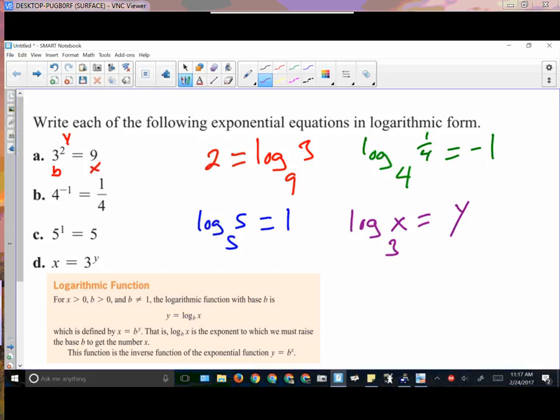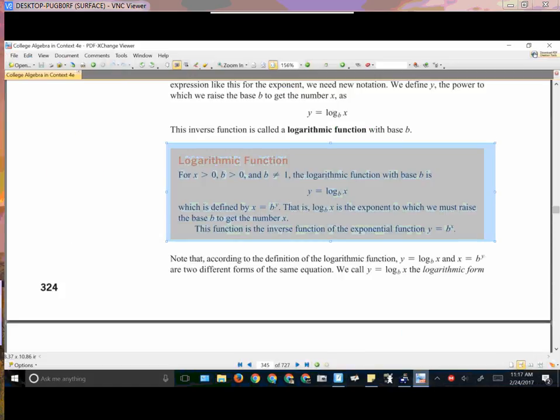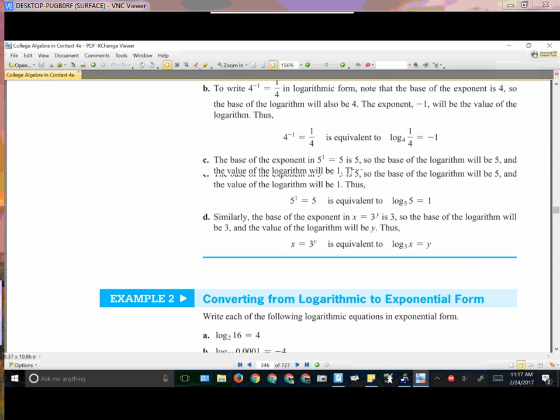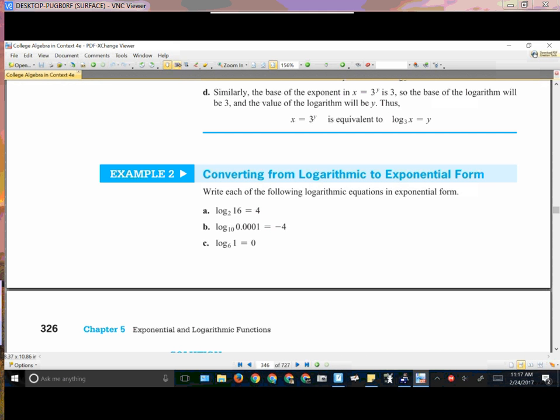Now, we use logarithms to simplify calculations, and they actually do simplify them very much. But this is the key for going back and forth between them. So let's take a look-see at this. So now I want to go back the other way.